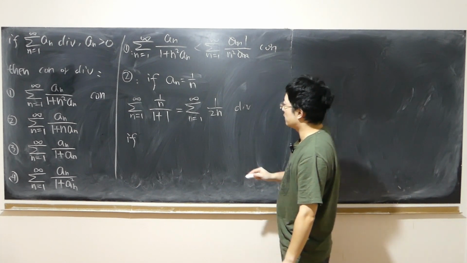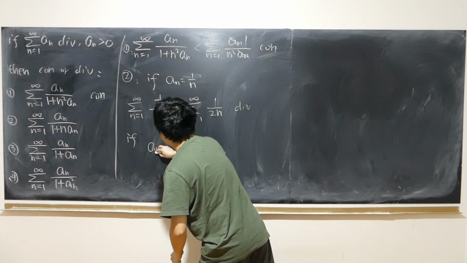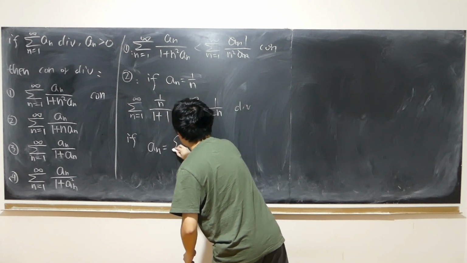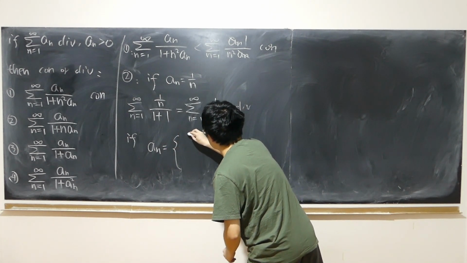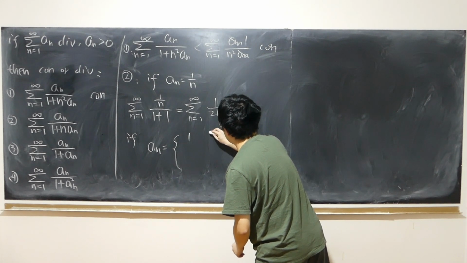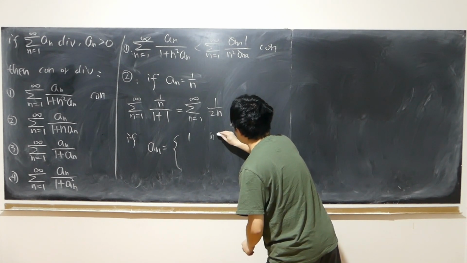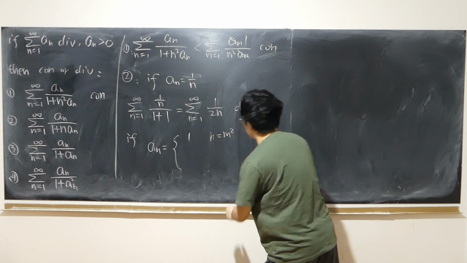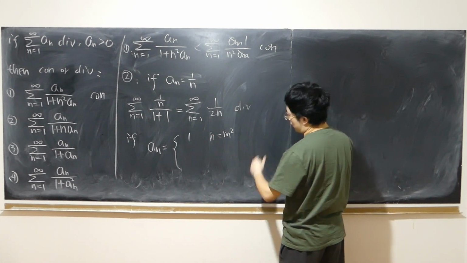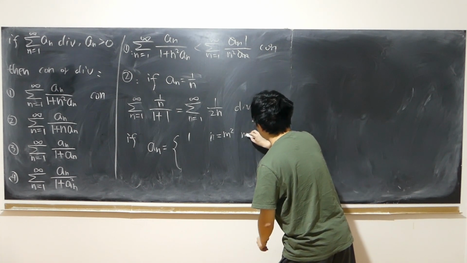Now if I say a_n is equal to 1 every time n is equal to m squared, in other words, every time n is a perfect square number.